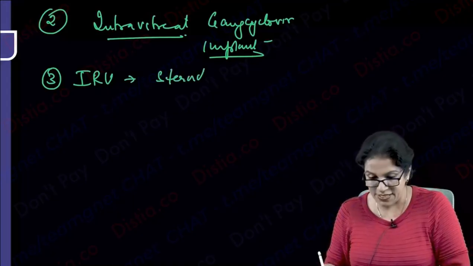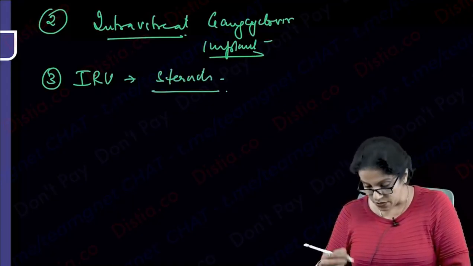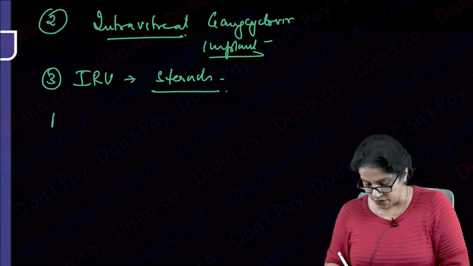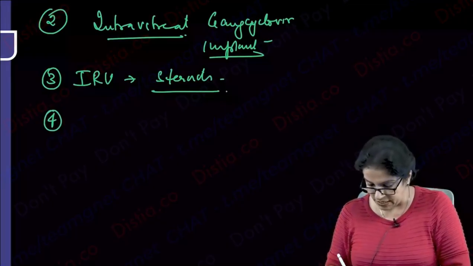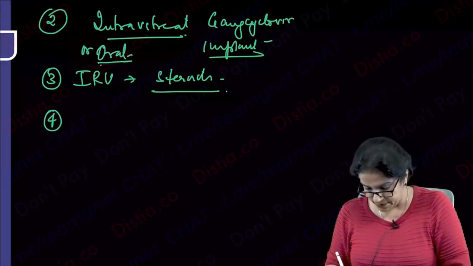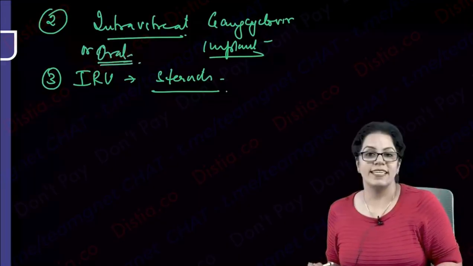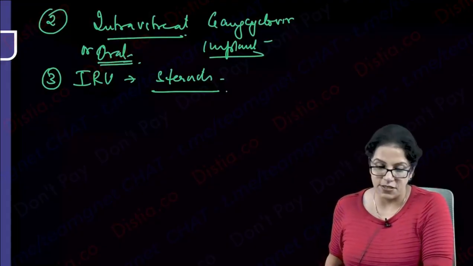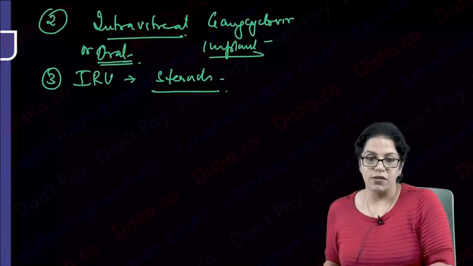You can also give oral valganciclovir or ganciclovir for the viral infections, intravitreal or oral. So these are the points we have to know about HIV infection and viral uveitis.